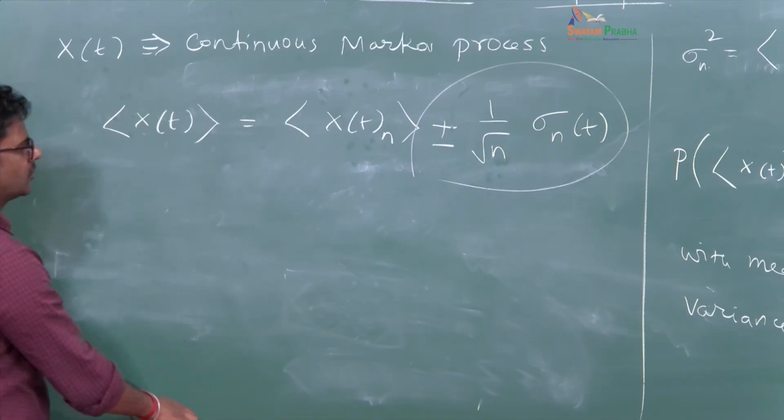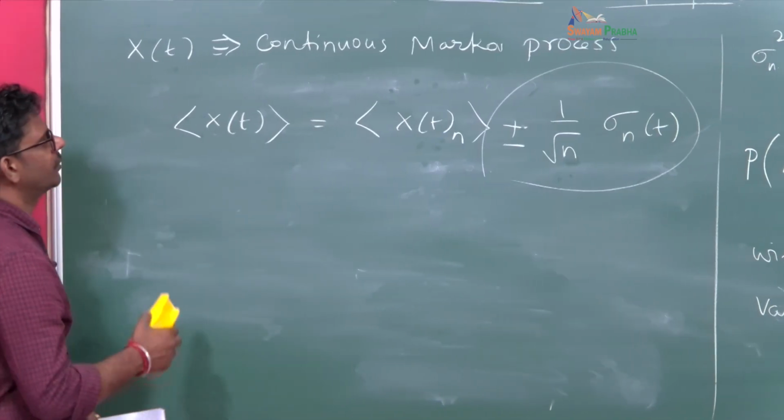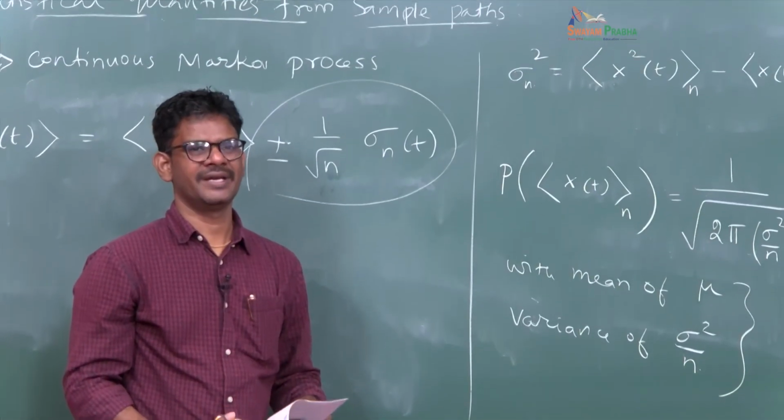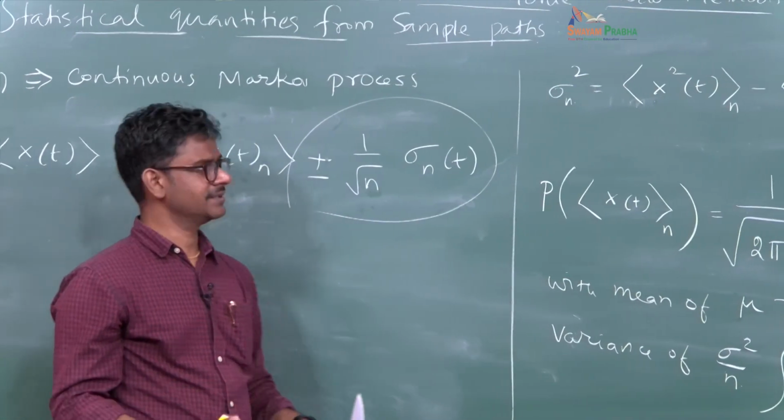Alright, okay. So, now let us go back to the other problem of a Markov process for which there is no analytical solution, and you want to create a sample path. How do we do that?